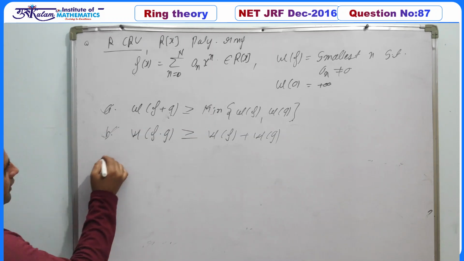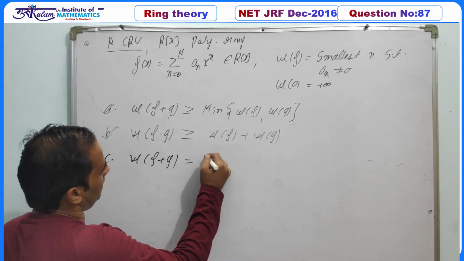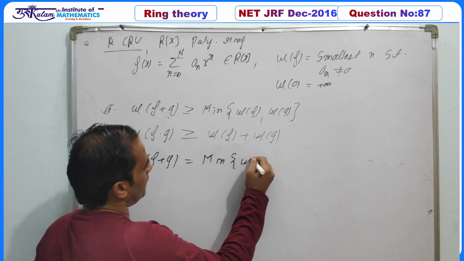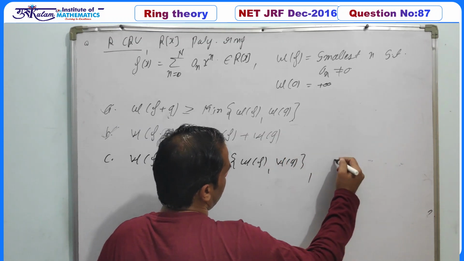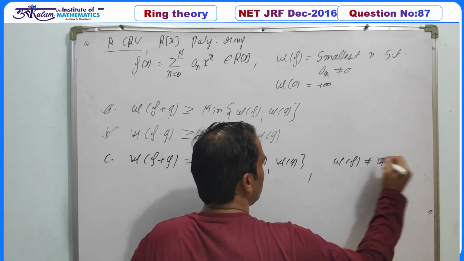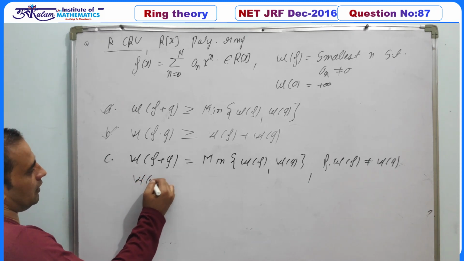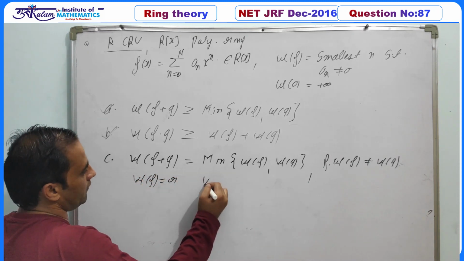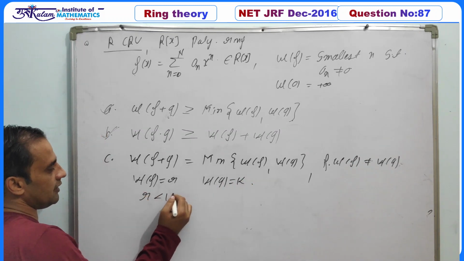And the third option is W(f+g) is exactly the minimum of W(f) and W(g), provided W(f) is not equal to W(g). Now again, if W(f) is equal to r and W(g) is equal to k, we can assume that r is less than k.